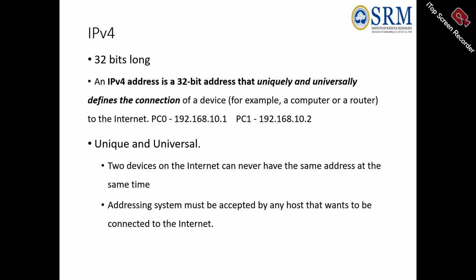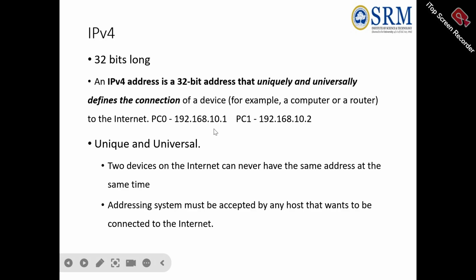Suppose we assign the same address to two PCs in the same network, it is very difficult to identify for which system we are transmitting the message. So for that purpose, we differentiate the address for each and every PC.